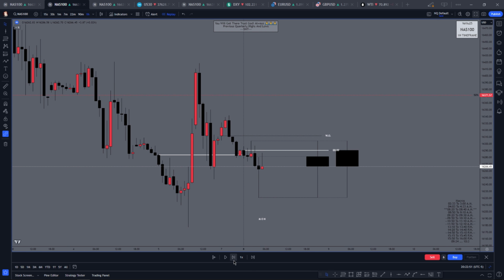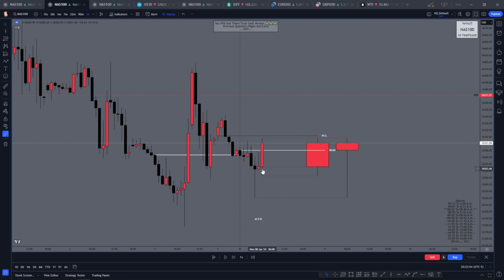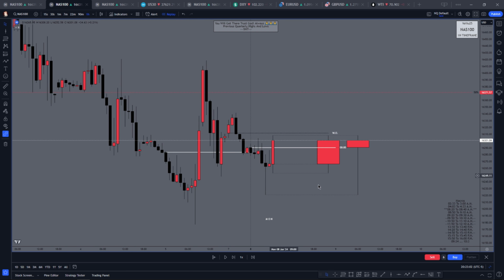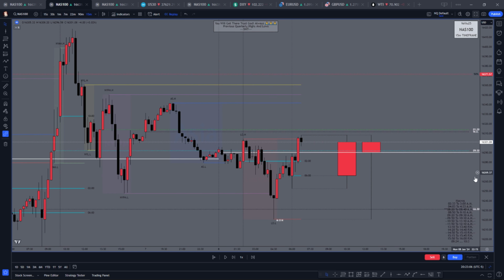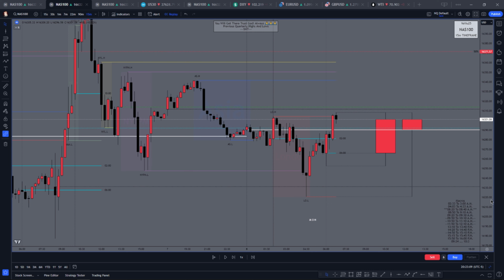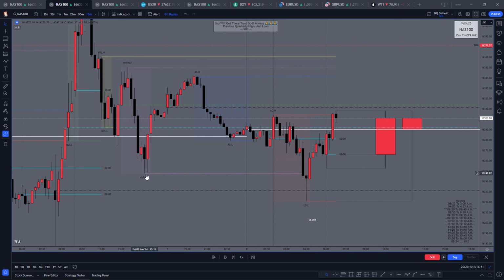Let's see 1 hour chart. Midnight, accumulation, manipulation, maybe distribution higher. I'm looking for this type of things. Let's go to the 15-minute chart. Here we have something. New York PM low, last day, took out.